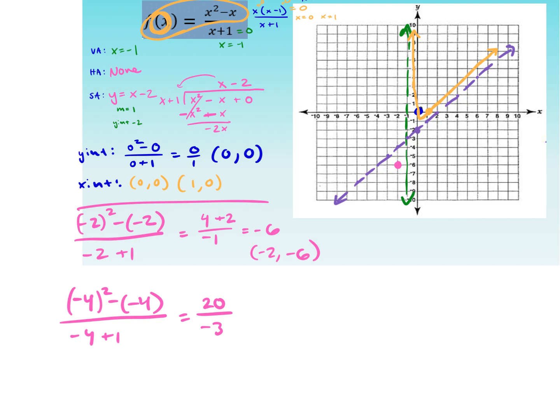Almost 7, so we can say 6.6. So I plugged in -4 and got -6.6-ish. So we'll go to the left to -4, go down 6.6-ish. So that gives us a little bit better idea of how our graph looks. We're going to hug this corner in here. As we get closer to infinity, our graph's going to get closer to the asymptotes.